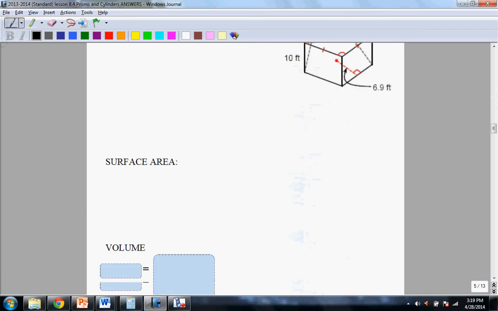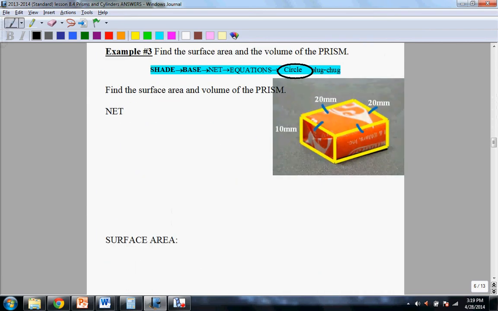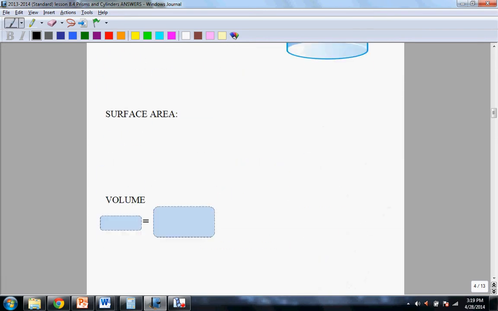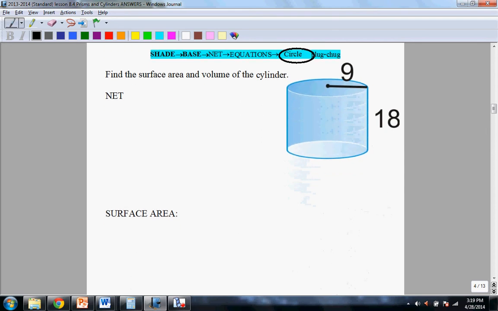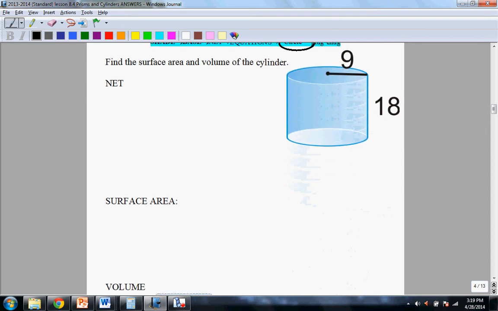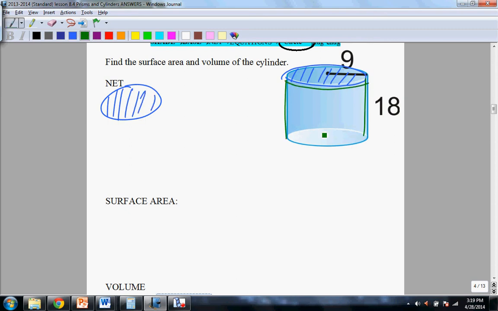So we're going to go through 3 examples here. We're going to find the surface area and the volume of these. So right here, we're going to start by drawing a net of this. So I'm going to pull out and then this is my rectangle.